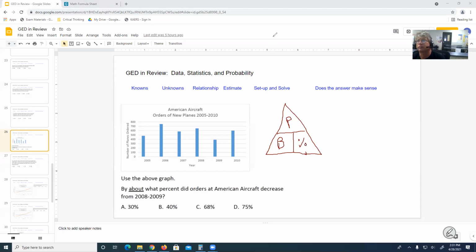And remember, the part and the base, those two values are going to be related by division. If you divide the part and the base, what that's going to give you is the missing piece, the percent. If you divide the part and the percent, if they were the known ones, that's going to tell you the original amount, or the base amount.